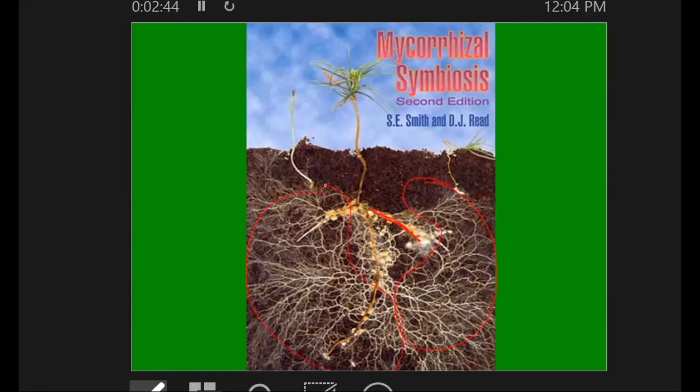All right. And so this is a good image to get across the point that these fungi, these mycorrhizal fungi, are hanging out with the roots. And so they're closely associated with the roots, but they're also sending off hyphae into the soil to do their job for the plant.